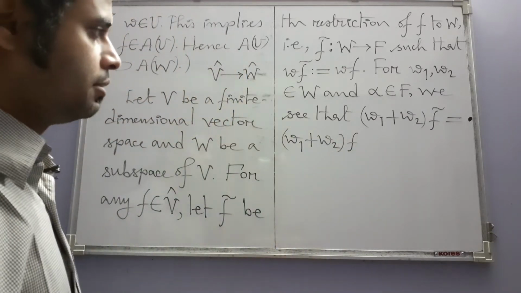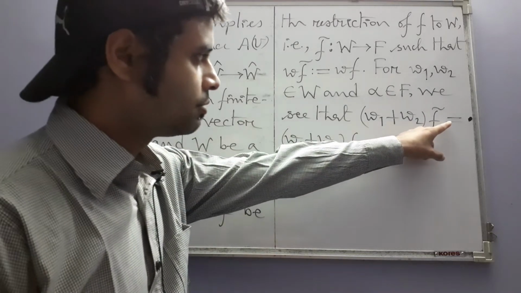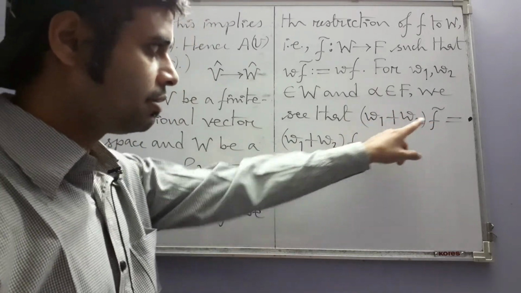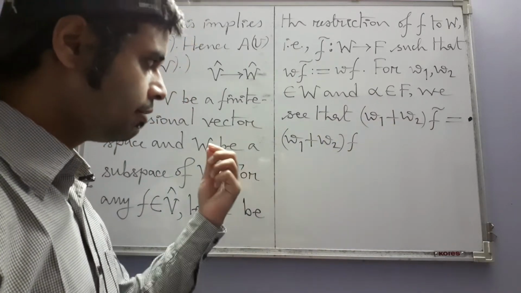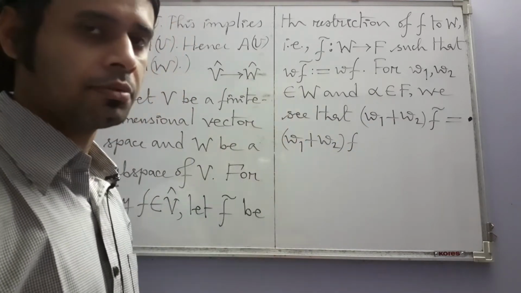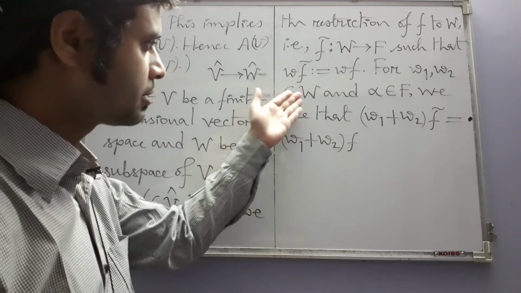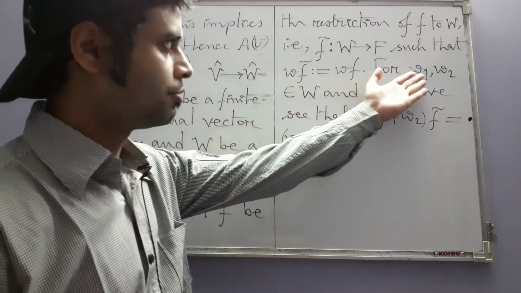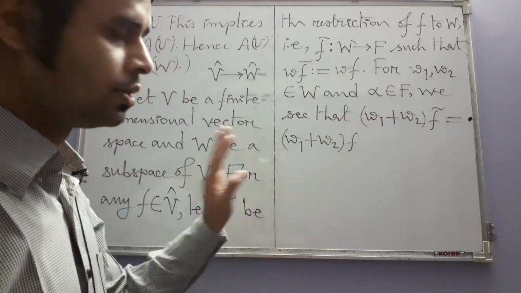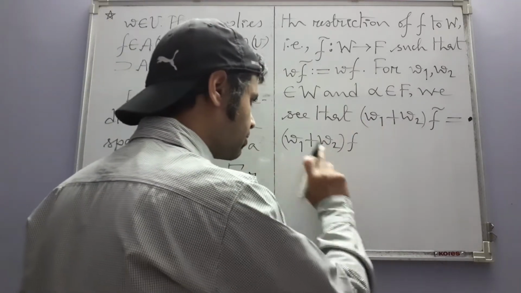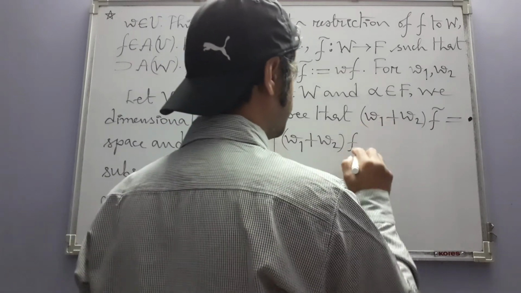But keep in mind, we are able to write this f in place of f tilde because w1 plus w2 is in fact an element in W, and that is coming from the fact that W is a subspace. So if you add two elements of W, we are again going to get an element of W. So because of that, you are able to write like this.